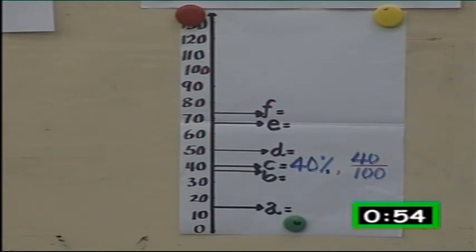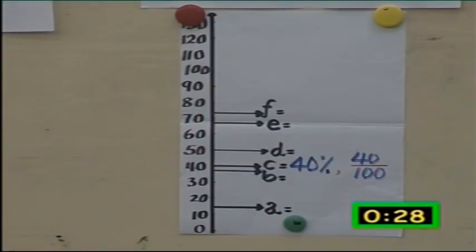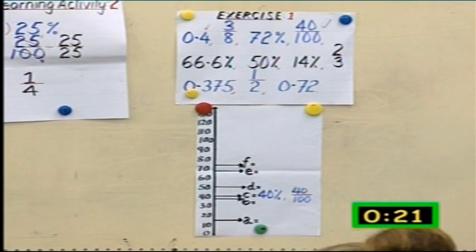Okay, one group have finished letter D, meaning they know what to do now. Make sure later you write your names on the chart, your group names.